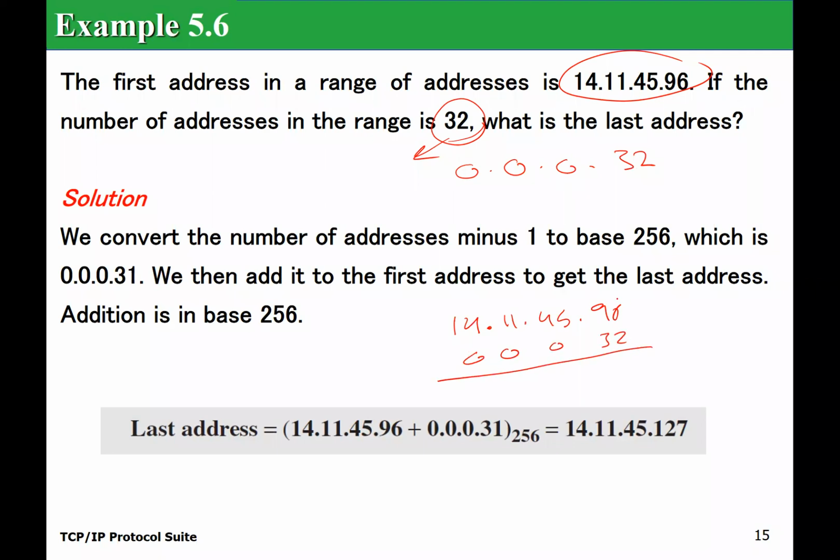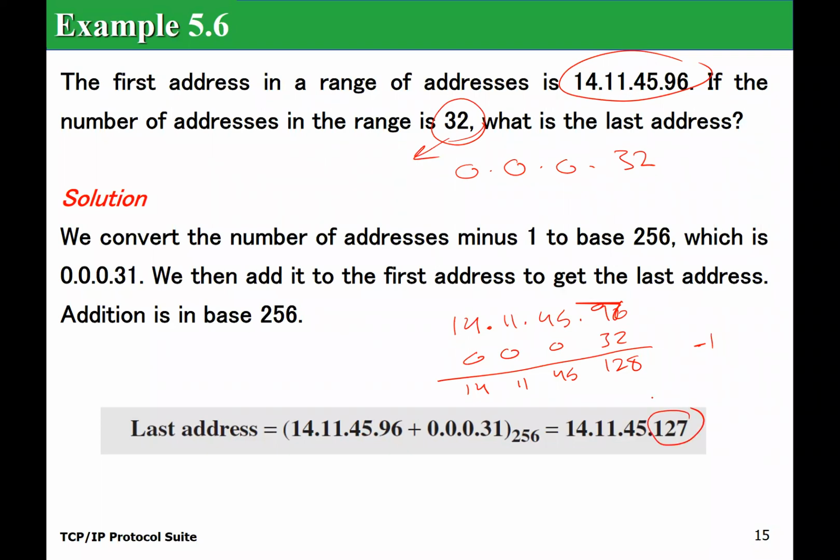What's the answer? 96 plus 32 is 128, so 14.11.45.128. Then the last step is we do minus 1, so it's going to be 127.